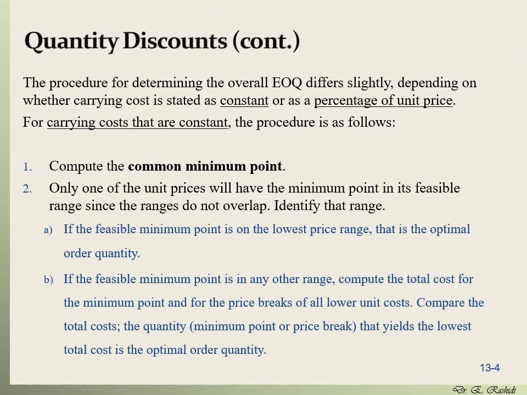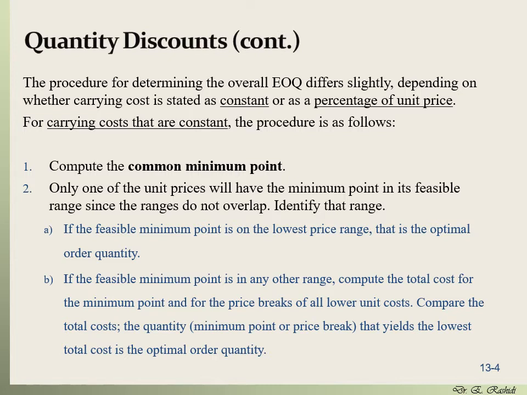The procedure for determining the overall economic order quantity differs slightly based on whether the carrying cost is stated as a constant or as a percentage of unit price. So there are going to be two scenarios. Let's study the first scenario.